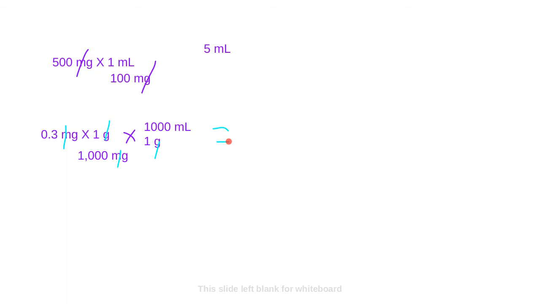And then I am going to multiply that by 1,000 ml, and I am left with 0.3 ml as my answer. Any questions at all how we got there or what we did?